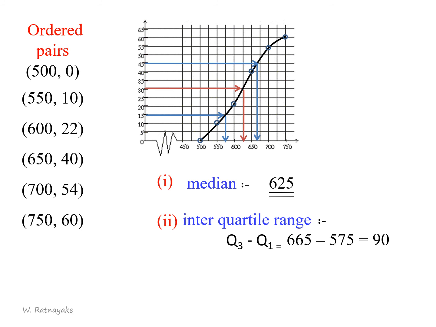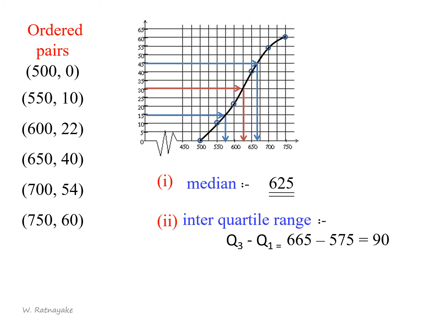Now I told you we have to divide the entire population of workers into 4 equal parts. That is from 500 to this place, 1 part; from there to the median, second part; median to quartile 3, third part; quartile 3 to the final one, fourth part.